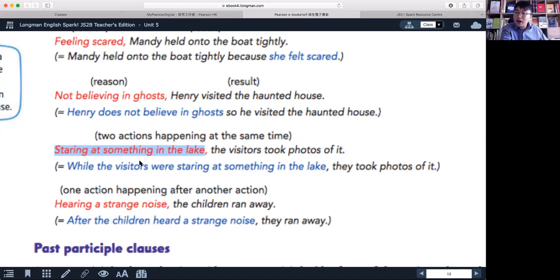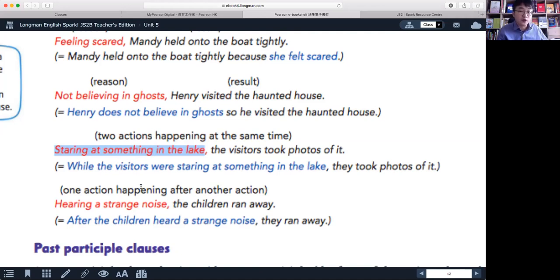If you think I'm talking too fast, there is a button in YouTube. You can always listen to me at a slower pace. Let's move on. This is the second purpose: when we describe two actions happening simultaneously, at the same time.